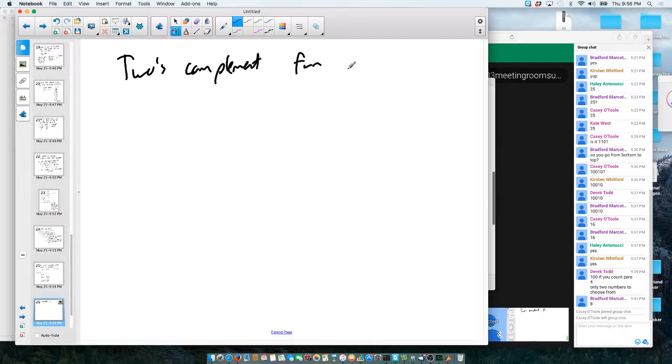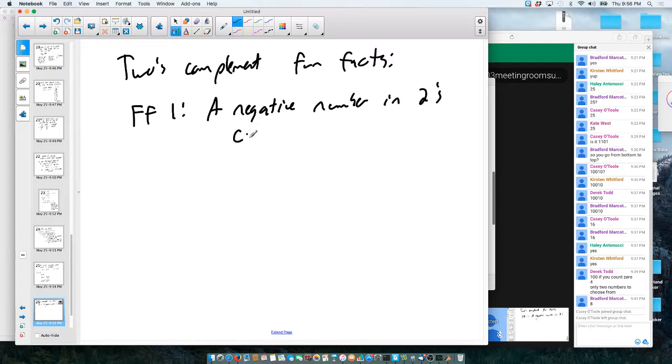fun facts. Fun fact 1: a negative number in 2's complement always starts with 1.